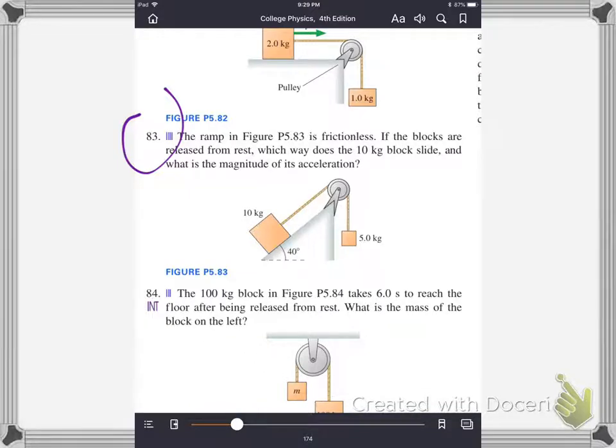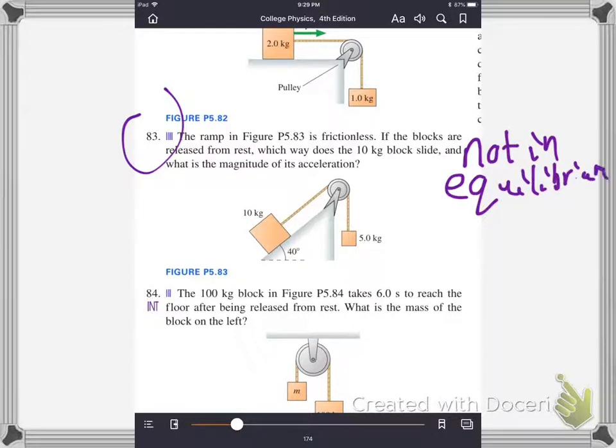Whenever you release it, it's going to accelerate one way or the other. So let's make sure we read this correctly. This is not in equilibrium, and I think a clever reader should be able to notice that because it says which way will it move.